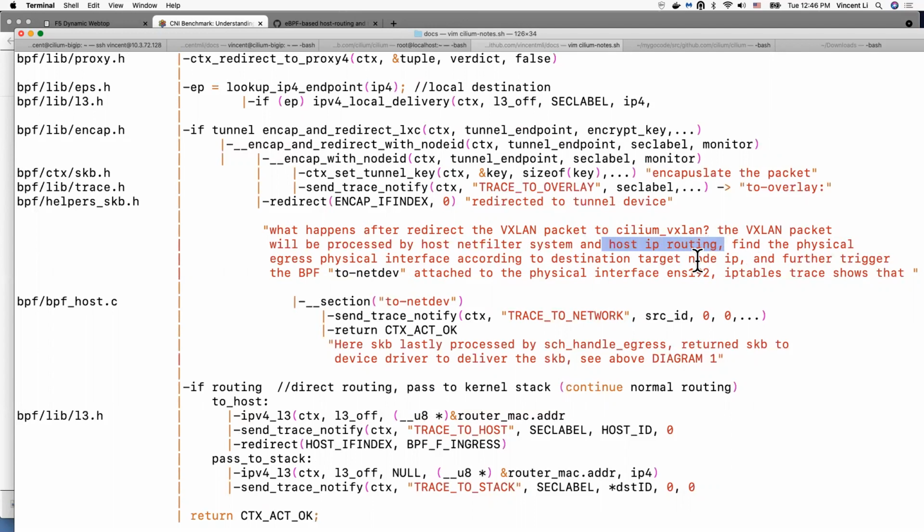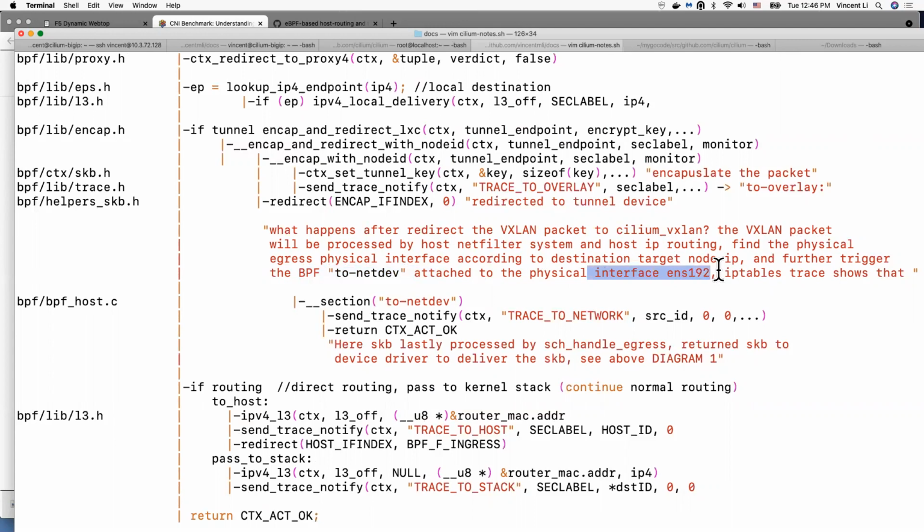According to the target node IP address, the host will do the IP routing lookup and find the egress interface, which in this case is a physical interface for that Kubernetes node, and the physical interface has a BPF to netdev program attached to it.